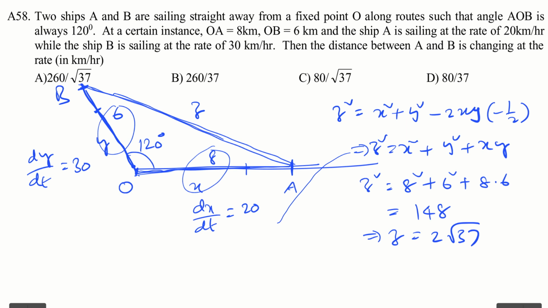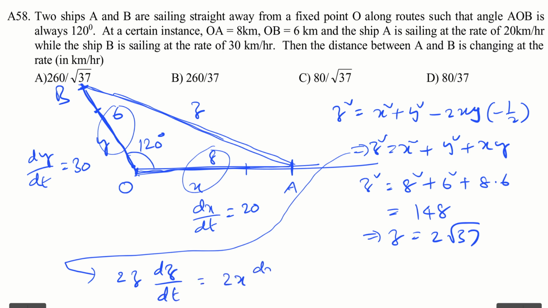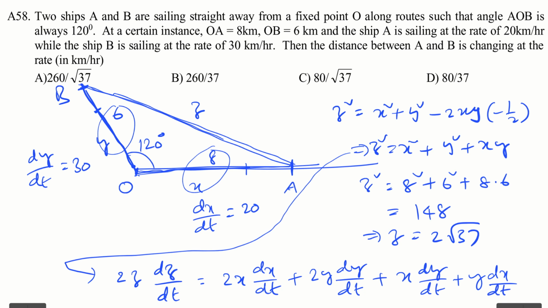So differentiating this with respect to t, I have 2z into dz by dt is equal to 2x into dx by dt plus 2y into dy by dt plus x into dy by dt plus y into dx by dt.